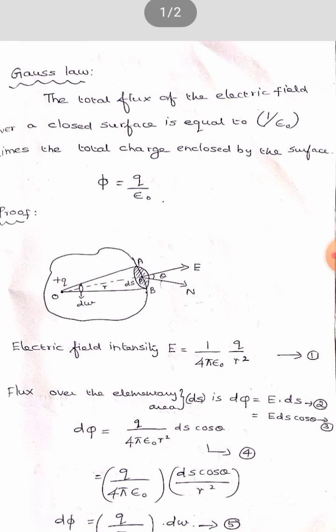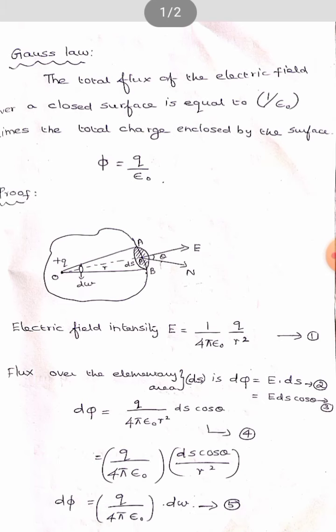In the next step, I am going to explain the proof of it. For that, I have given the figure. In that figure, I have taken a closed surface. Within that closed surface, AB is the portion said to be the Gaussian surface.